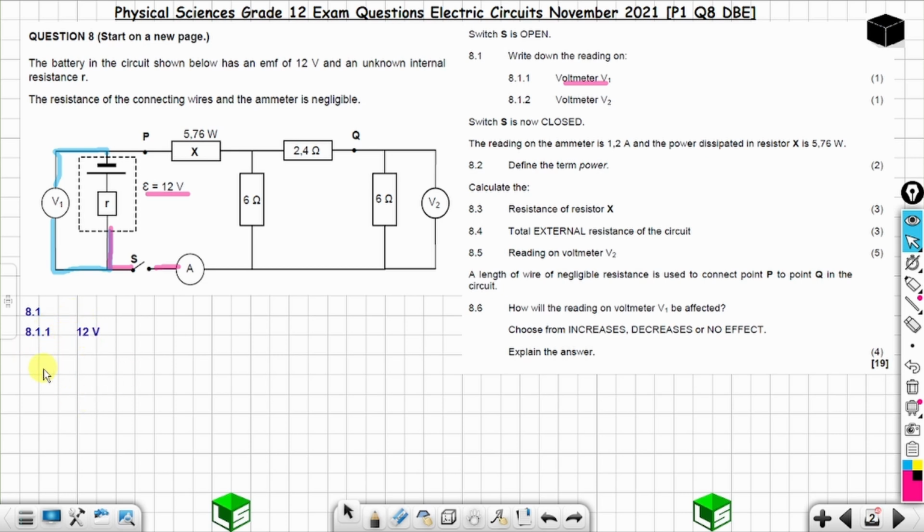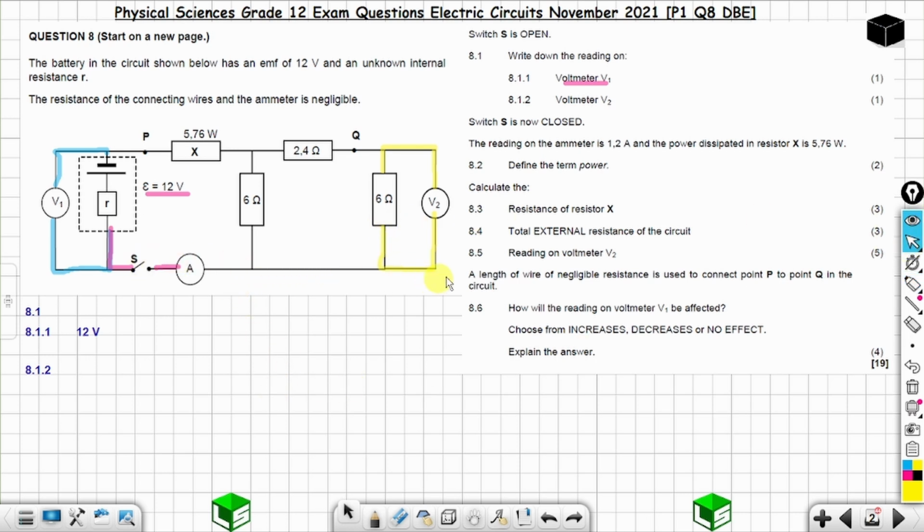Now 8.1.2, write down the reading on voltmeter V2. 1 mark. Okay, voltmeter V2 is connected across the 6 ohm resistor.